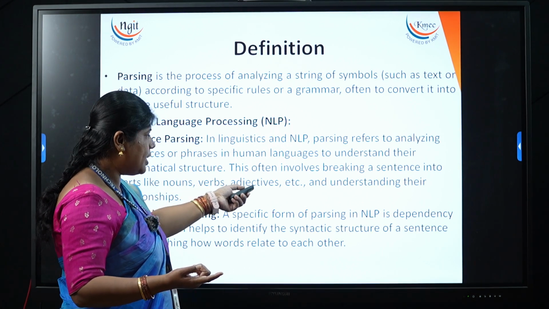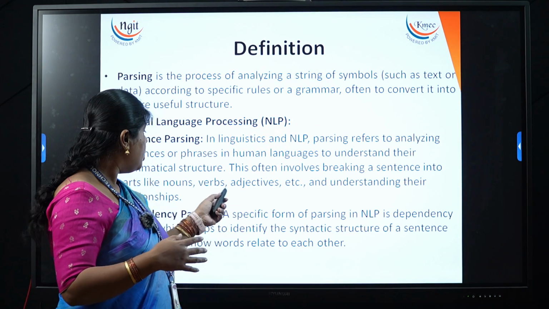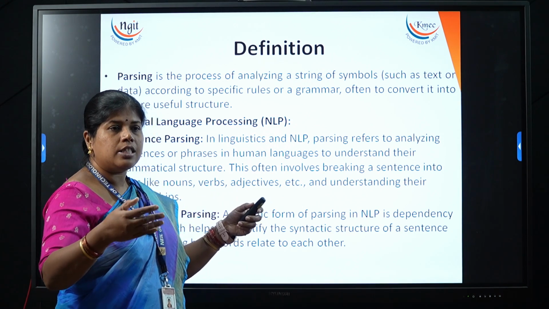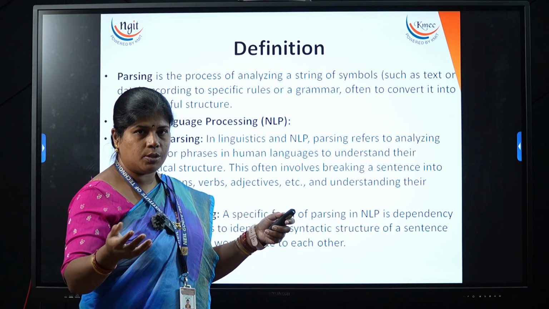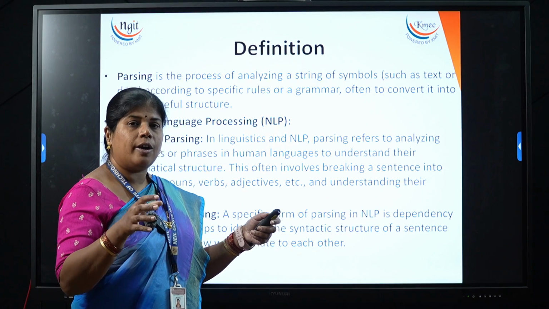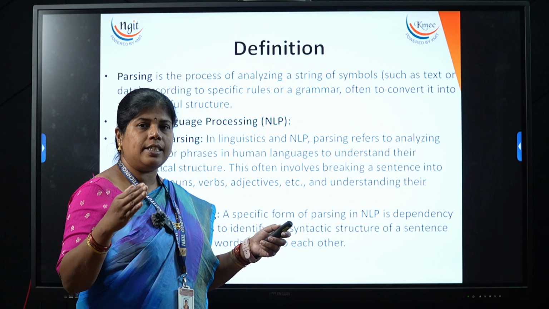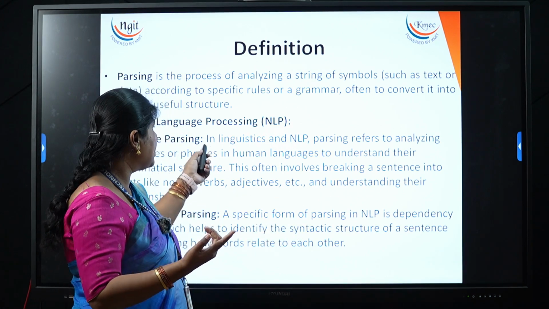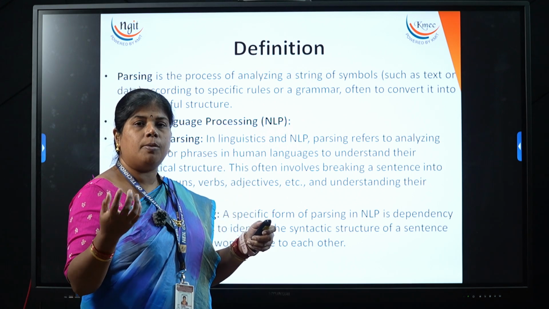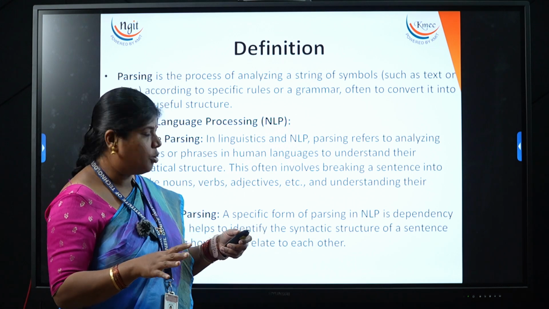Nouns, verbs, adjectives, etc. And we are understanding their relationship. For example, how a noun is followed by a verb, or after a verb what we use, or whether an adjective comes before a noun. If you understand this structure in a user query expressed in natural language, then you will form a rule, and based on that rule you will try to retrieve the data for the user.